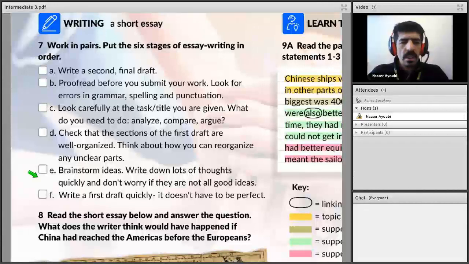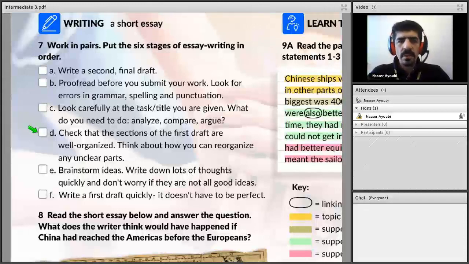3 is F. Write a first draft quickly. It doesn't have to be perfect. You write your first draft using those ideas that you have brainstormed. Write a quick draft. You are going to think about it and maybe replace ideas, replace words and grammar of the sentences. After you finish the first draft, you will go to D, check that the sections of the first draft are well organized.